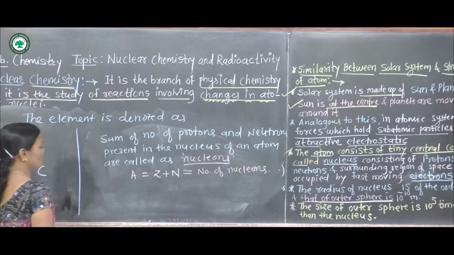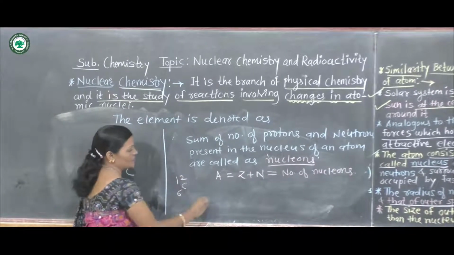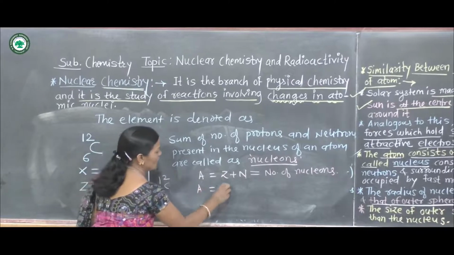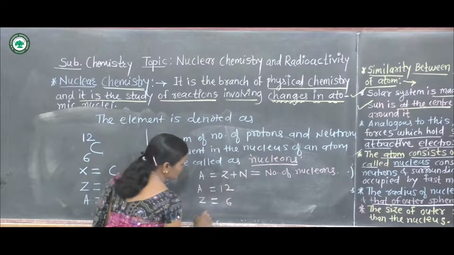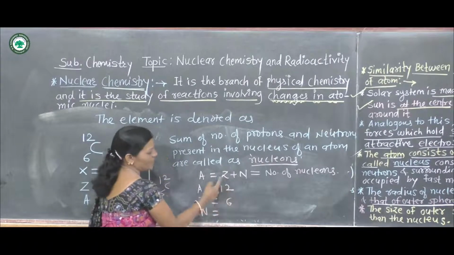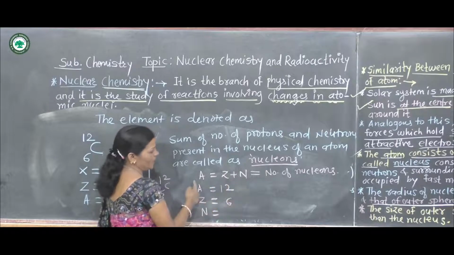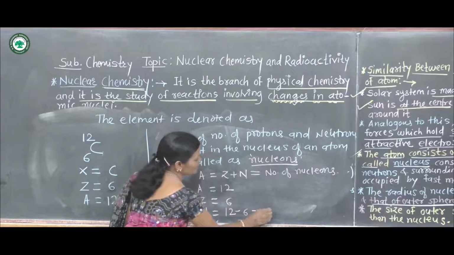So for carbon 6, 12, A is equal to 12 and Z is equal to 6, so we can express the number of neutrons as A minus Z, that is 12 minus 6, which is equal to 6.